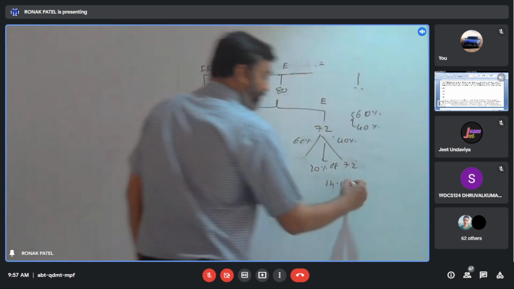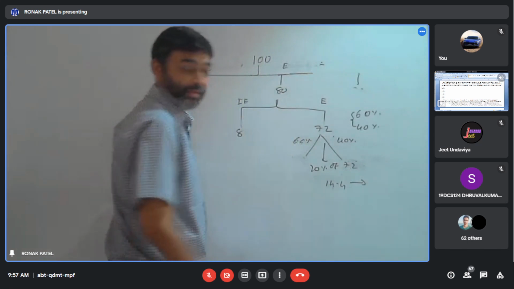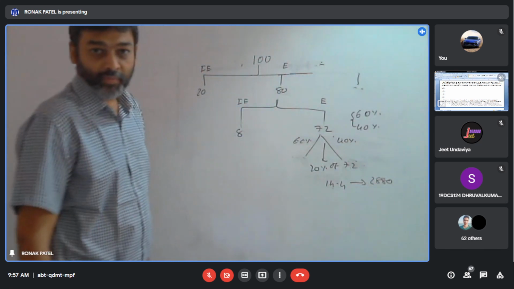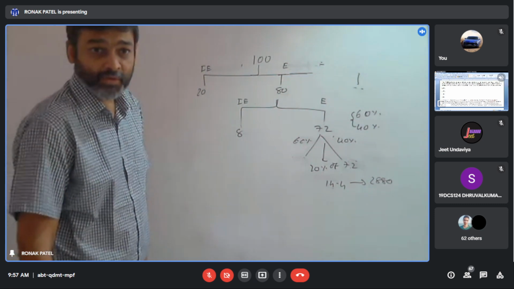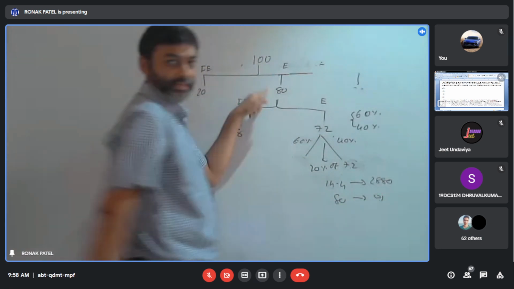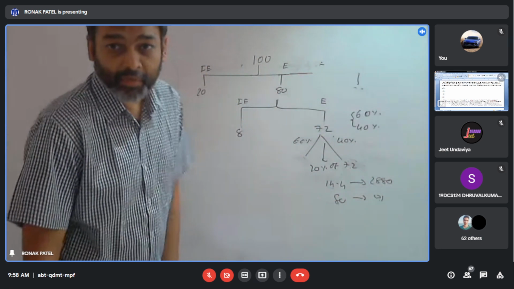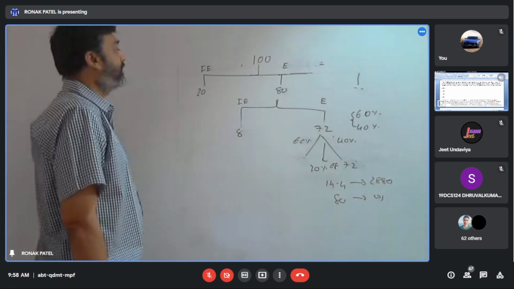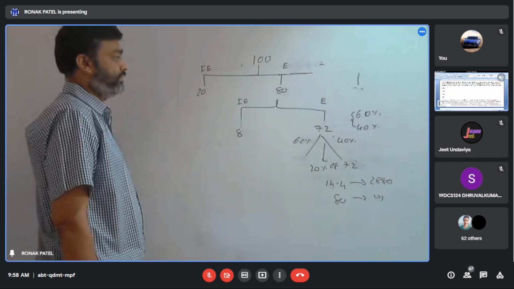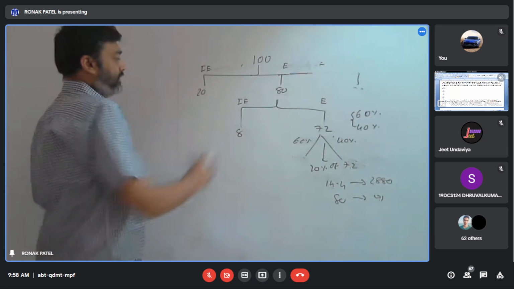So 14.4 means how much they have given? 2880. So the question is what? How many eligible voters were there? So eligible was 80. Eligible only was there, no? What is the total number of people who voted in the election? So voted was 72.